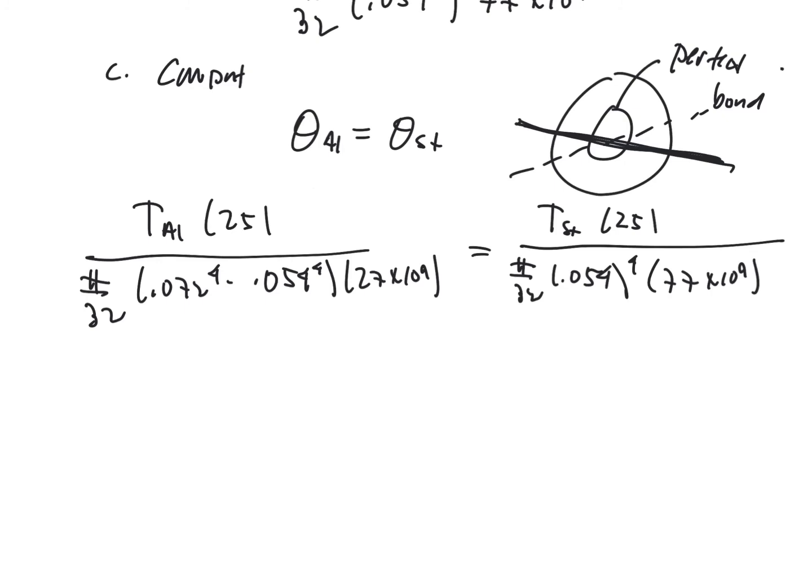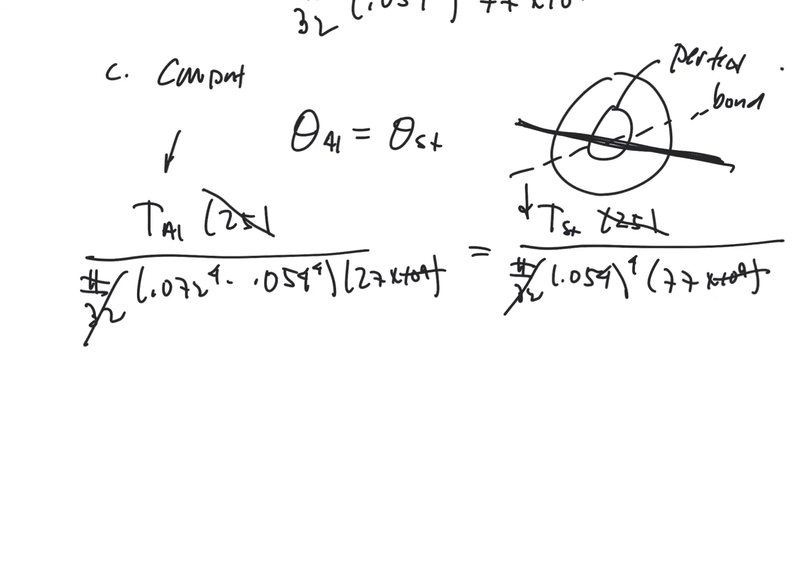Now notice we haven't gotten rid of any of the unknowns in this case. We still have torque in the aluminum and torque in the steel. This is a little bit different than what we had for the fixed bar. But that's okay. Remember that a lot of times for these statically indeterminate problems, things cancel. Notice the 25 is common, pi over 32 in the J calculation is common, and 10 to the 9th is common.